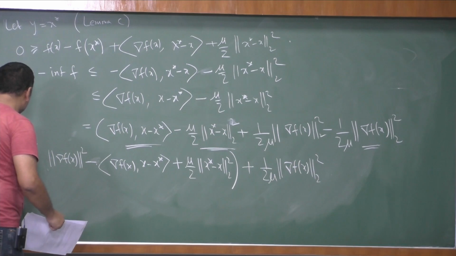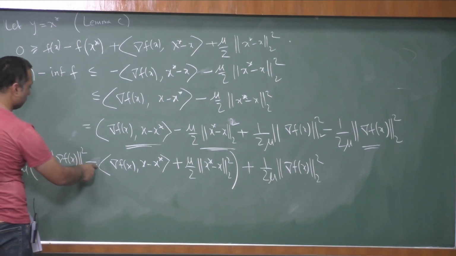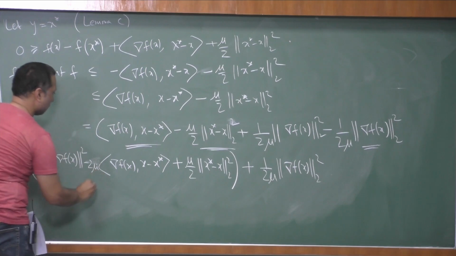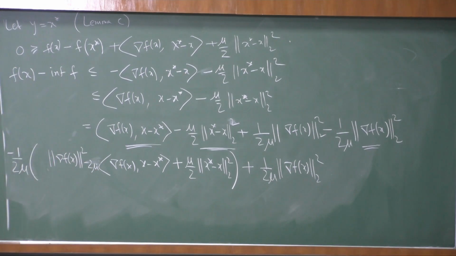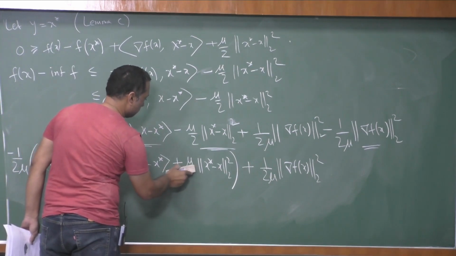So 1 minus 1 by 2 mu, let us do that. Then we are left with 2 mu here. Okay. So 1 by 2 mu. So 1 by 2 is there, but mu is in the denominator, right? So now we are supposed to put a square there. So this guy becomes mu squared.